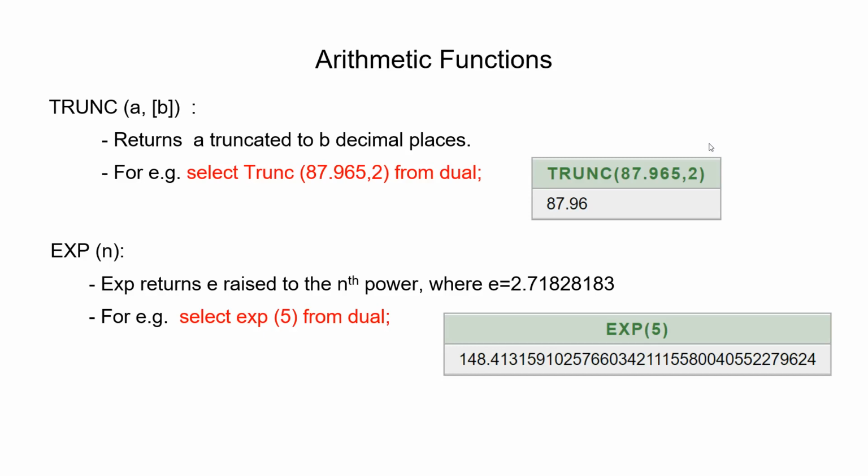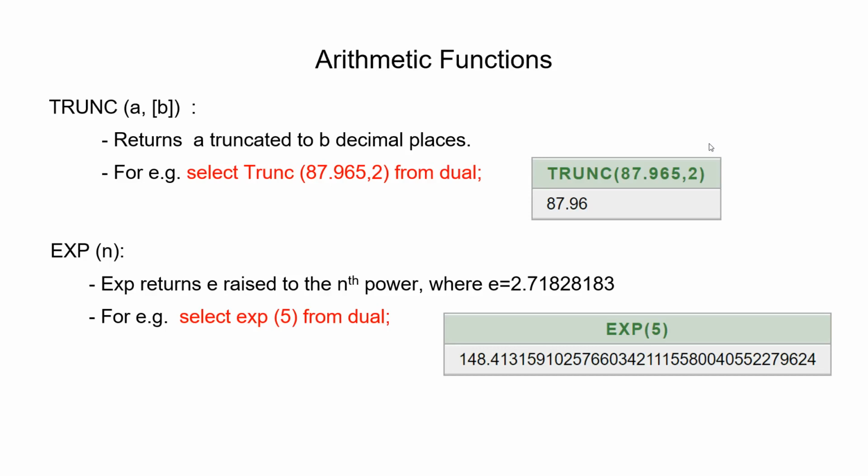And the last arithmetic function is exp, that is exponentiation. Exp returns e raised to the nth power. And here the value of e is 2.71828183. So it is going to return 2.71 raised to the nth power, means whatever is the value of n.